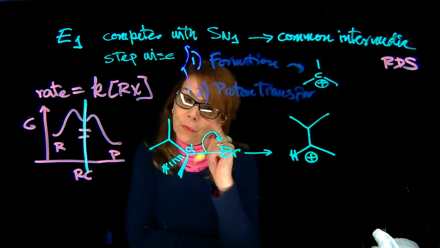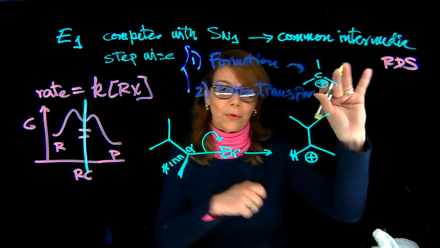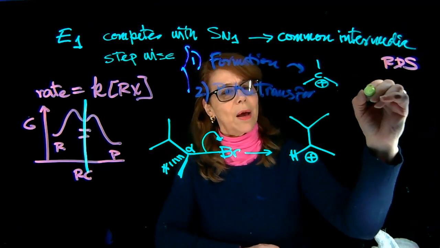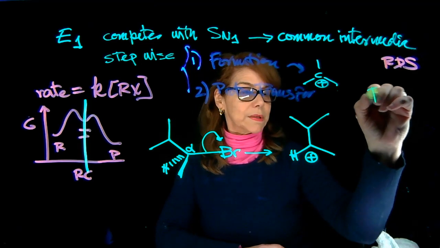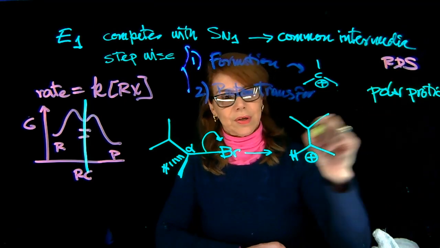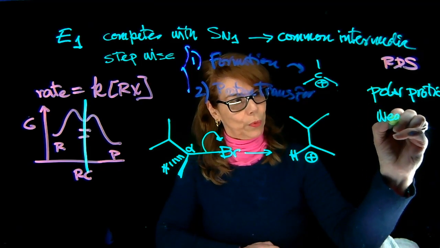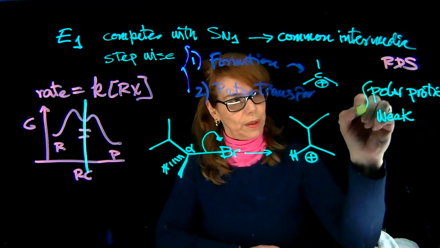But now, what happens in the second step? Remember that this is common to the 2 reactions, and the 2 reactions happen under polar protic conditions. But this reaction will happen with a weak base.